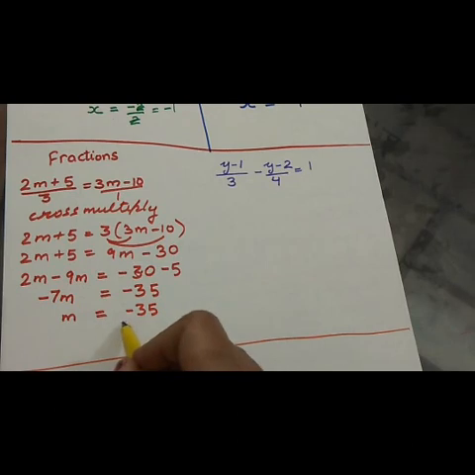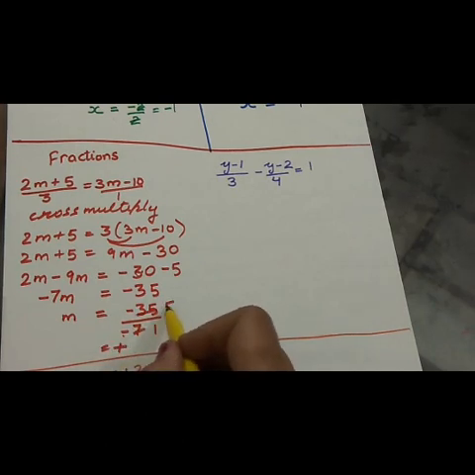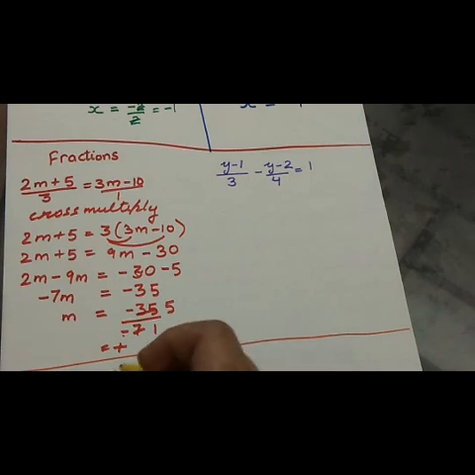When you divide minus 35 by minus 7, minus minus becomes positive, and 7 fives are 35, so the value for m is plus 5, or you can write it as only 5 also.